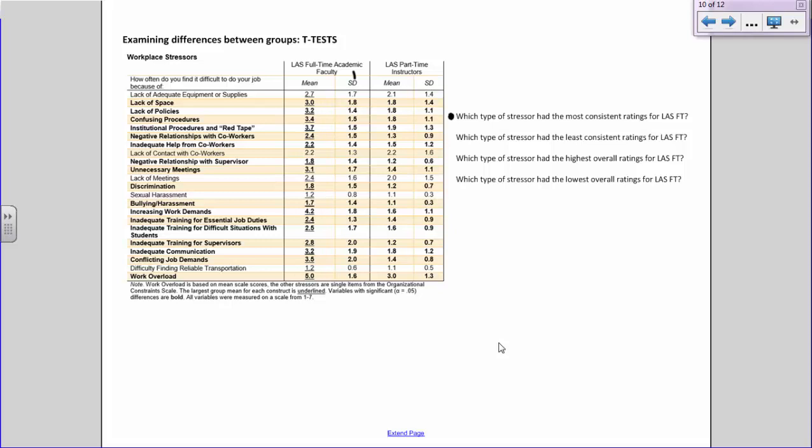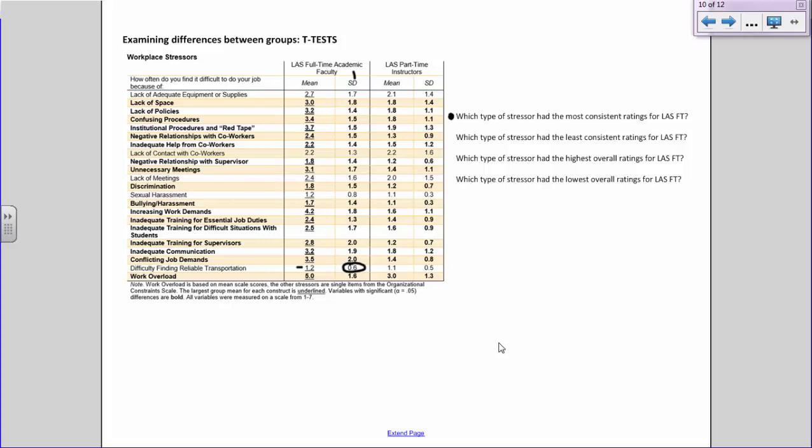Less spread of scores means more consistent. So if I look here, I will find that the lowest standard deviation is for difficulty with transportation. So that would be my answer to that question. And really, it looks like there's consistently low scores because this is really low.